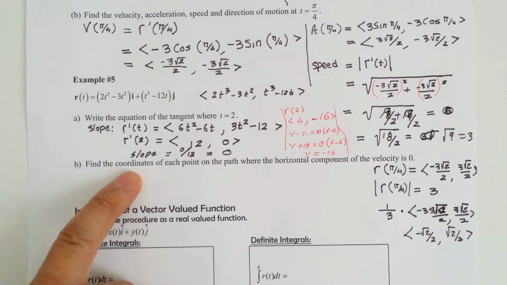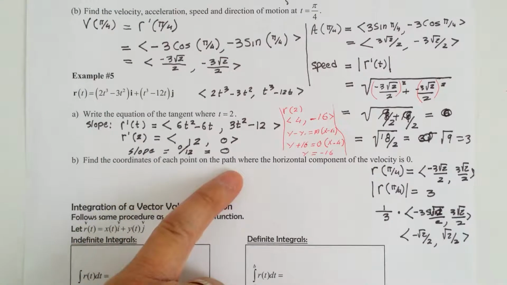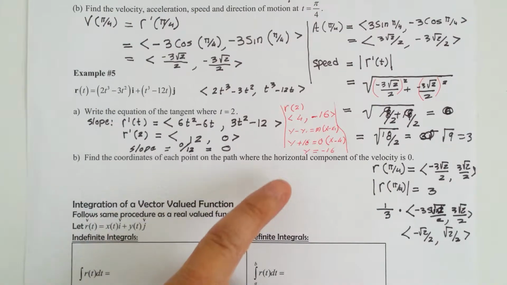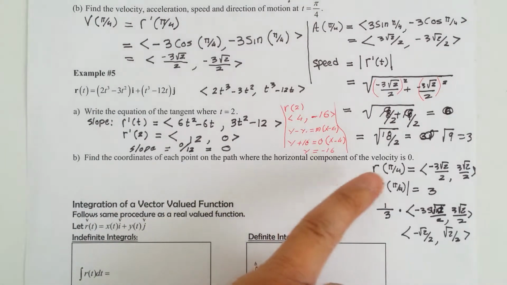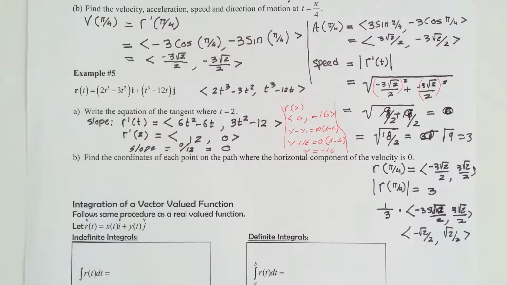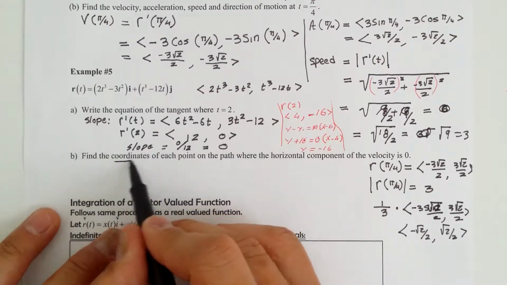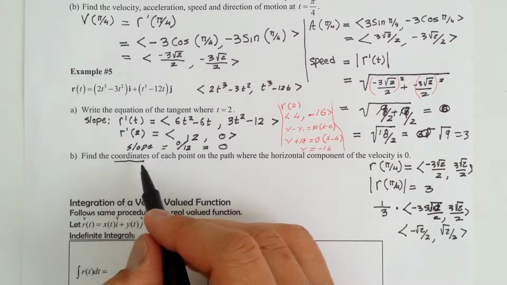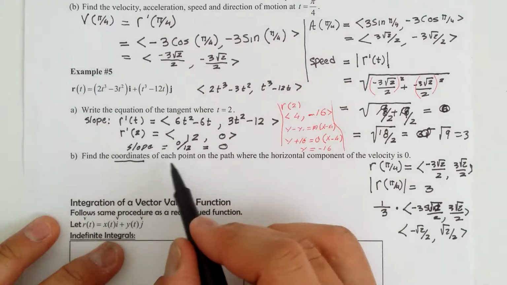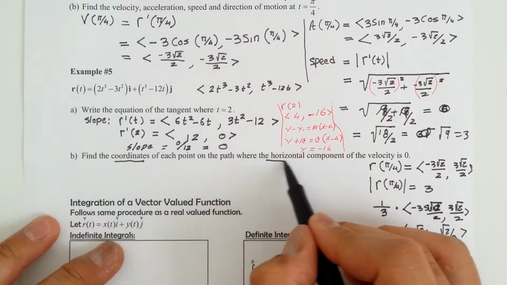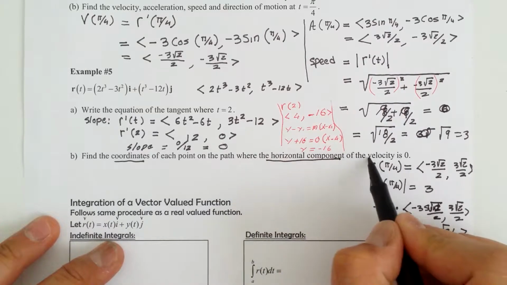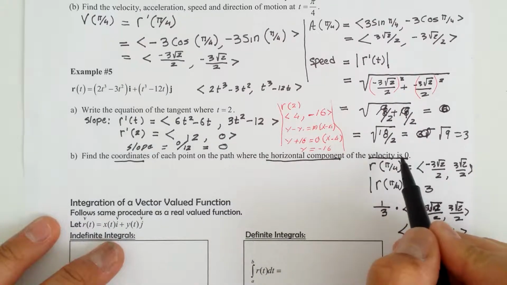Find the coordinates of each point on the path where the horizontal component of the velocity is 0. So they want us to find the coordinates, which is like the x value, where the horizontal component of the velocity is 0.